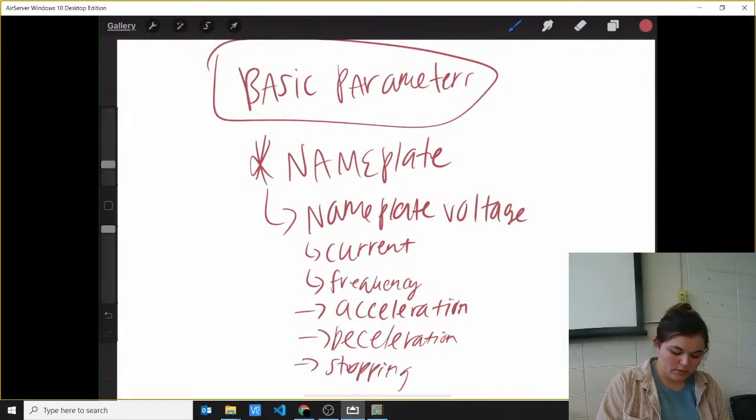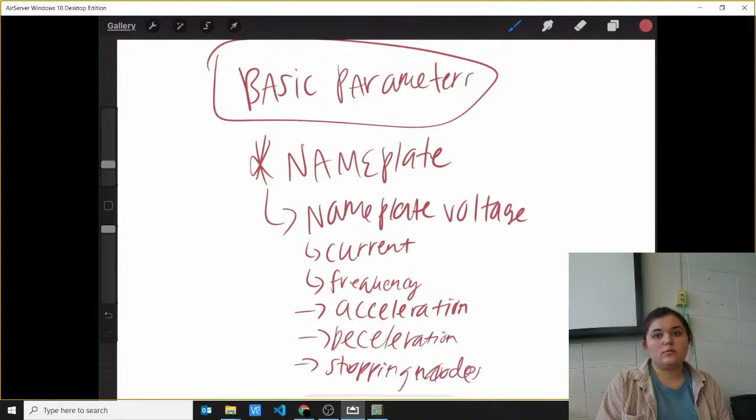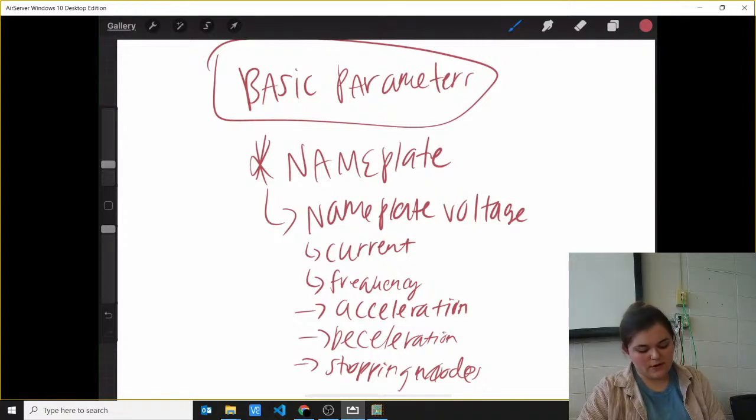Do we remember the modes we just went over? It would be either ramp, coast, S curve, or DC brake. Whatever stopping mode you wanted to use, you would also program into your drive.